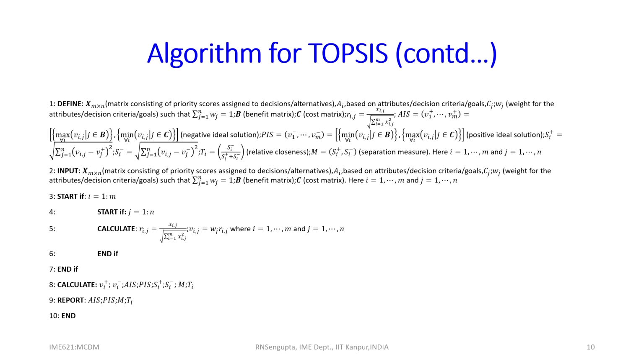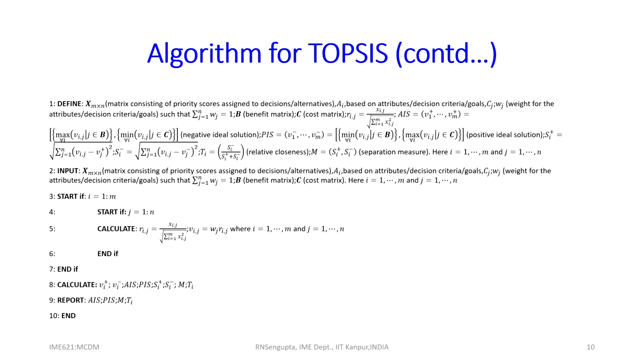So, define X, as I said, the matrix consisting of priorities or scores assigned to decision alternatives, and you also have the weights for the attribute decision categories, such that the weights should add up to 1, and also you have a benefit matrix and cost matrix.